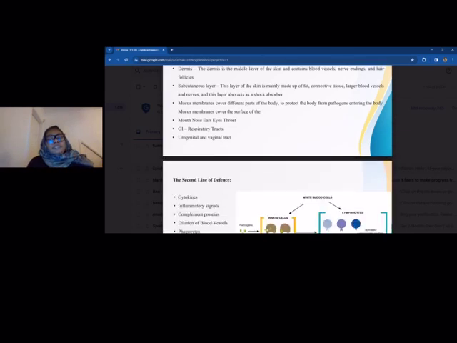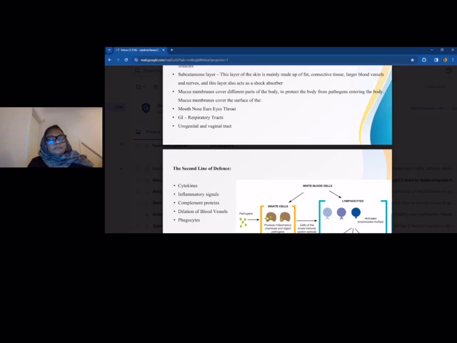The second line of defense is the mucous membrane, which covers different parts of the body to protect the body from pathogens entering it. The job of the mucous membranes is to filter out and prevent infectious agents, allergens, and pathogens from entering the body.